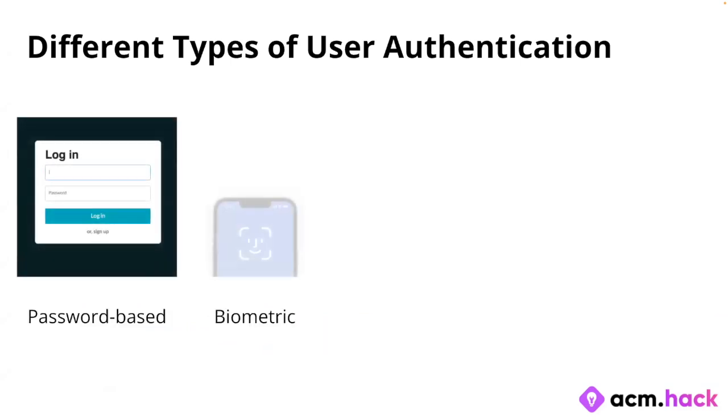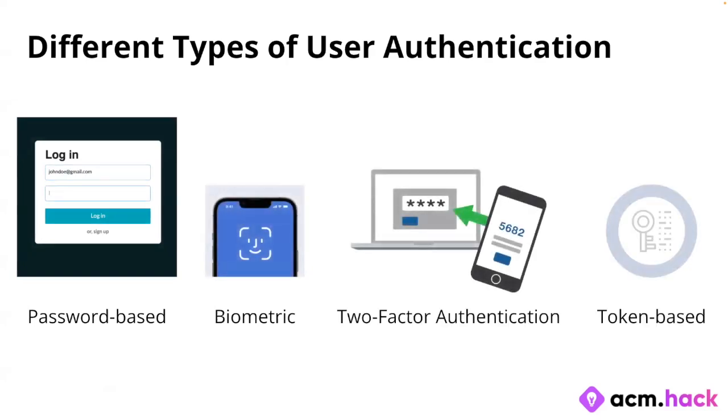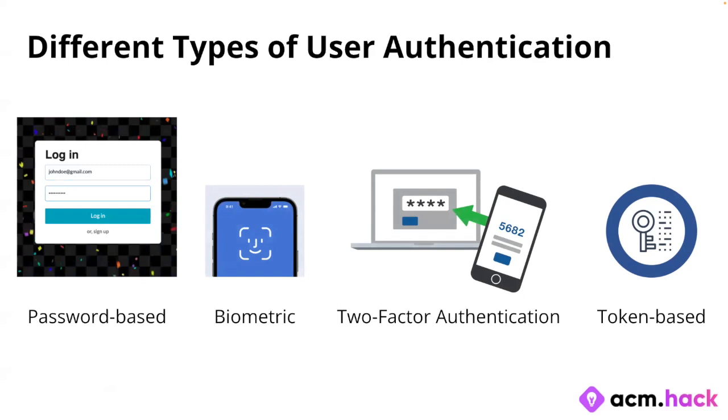So we actually have password-based login, which requires user ID and password, biometric login, such as fingerprint or Face ID, two-factor authentication, and token-based. I'm pretty sure everyone here is familiar with the first three examples, but does anyone know what token-based user authentication is?